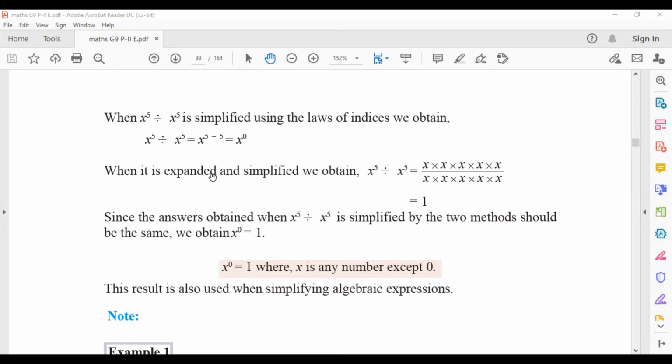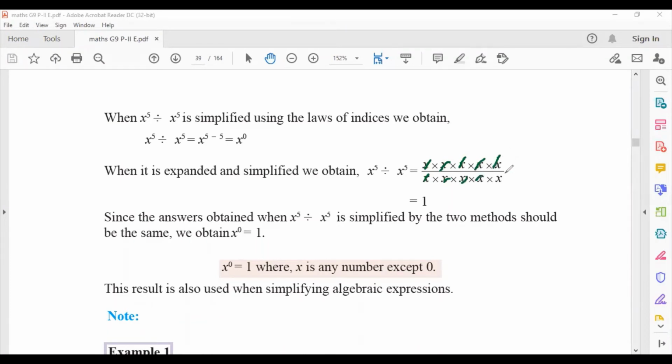If you use the expanding method and simplify it, x to the power 5 divided by x to the power 5 is equal to x to the power 5 expanded divided by x to the power 5 again expanded. The x's cancel, numerator and denominator.